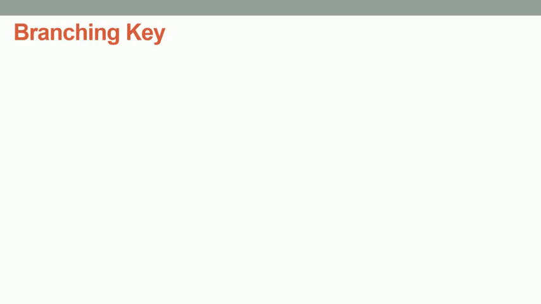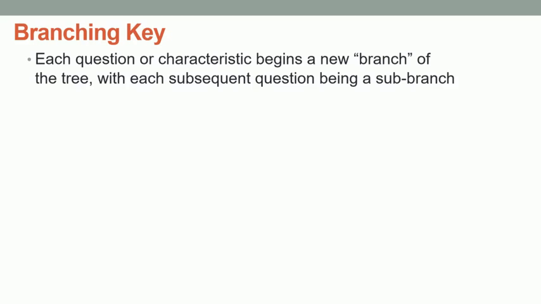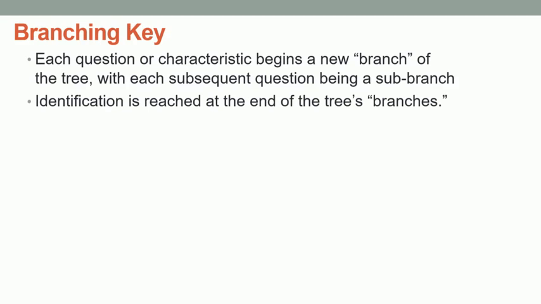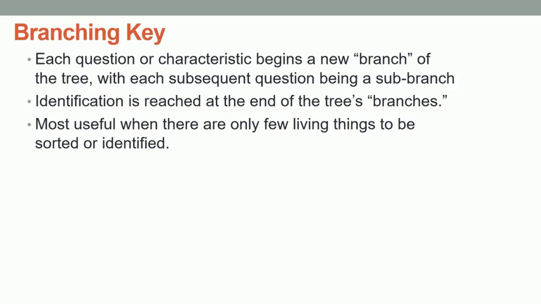Now each question or characteristic will give rise to a new branch of this branching type of key, and each subsequent question will lead to a new sub branch. With the example we'll understand what is meant by this, and the identification is finally reached at the end of the tree's branches.